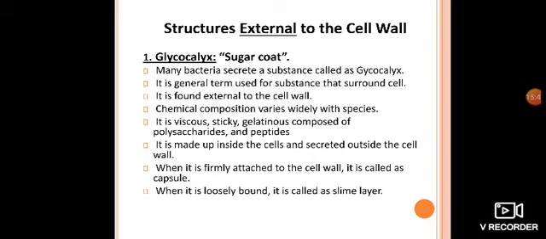It is a very important point in consideration of the bacterial cell wall. Normal eukaryotic cells do not secrete glycocalyx. Only bacterial cells can secrete that glycocalyx.